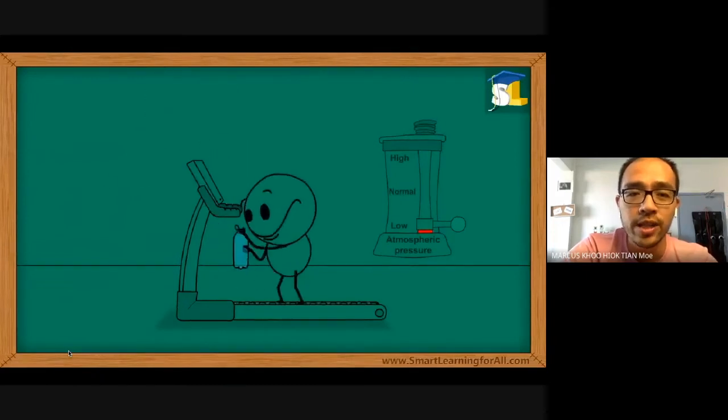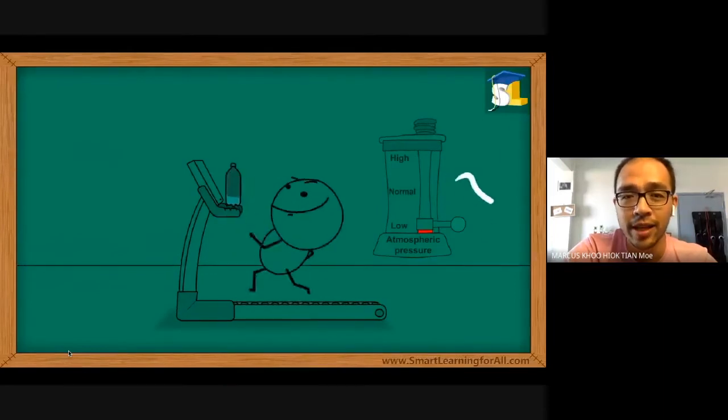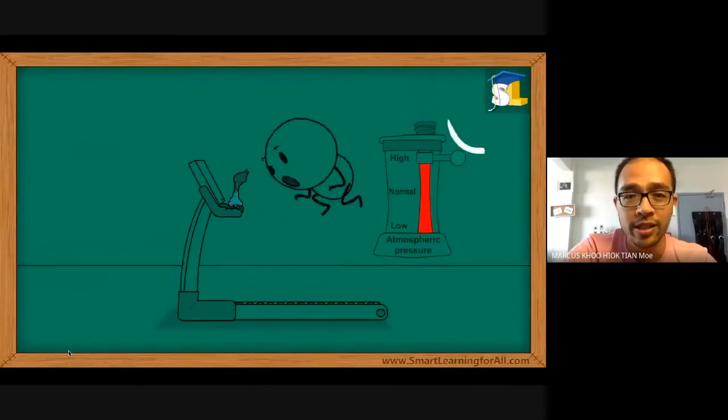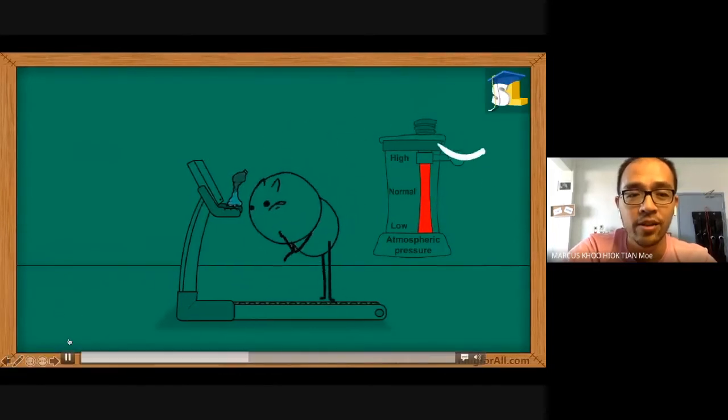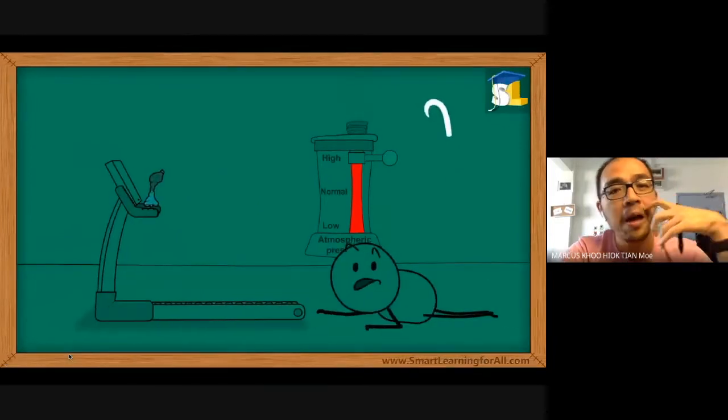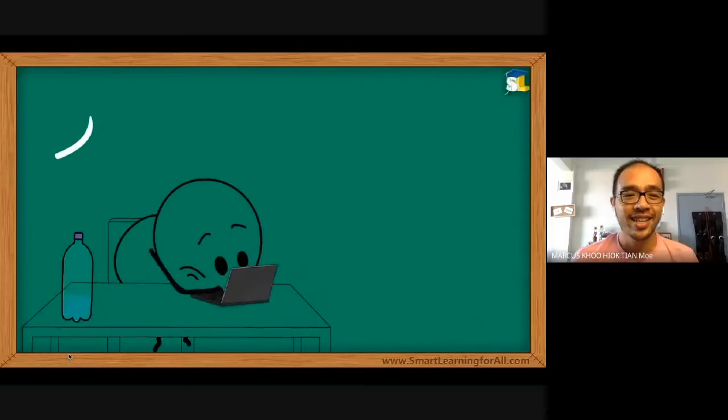So when you reduce the atmospheric pressure and you try to drink water, you try to run, when you increase the atmospheric pressure, you find that the bottle is crushed.